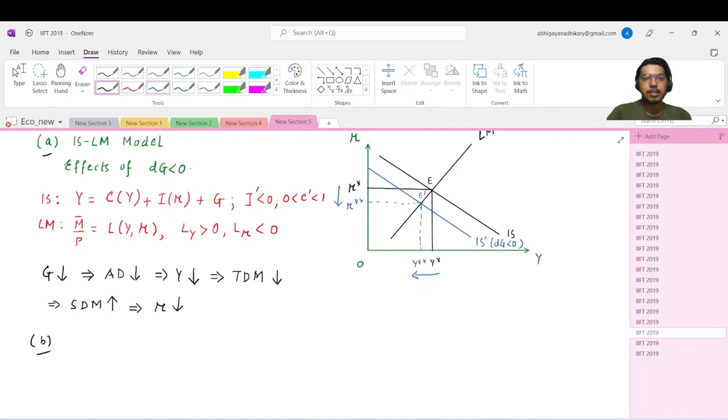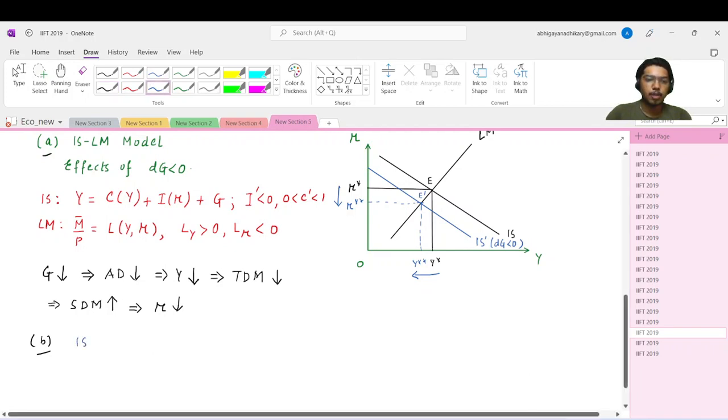Let us first construct the ISLM equations straight away. What will the IS curve look like?